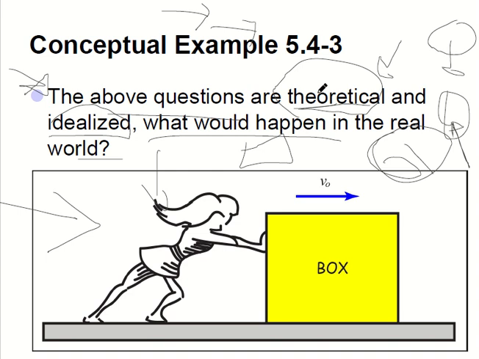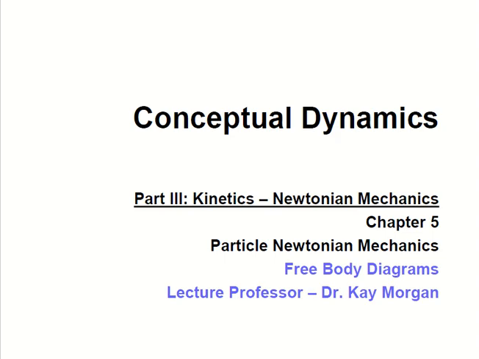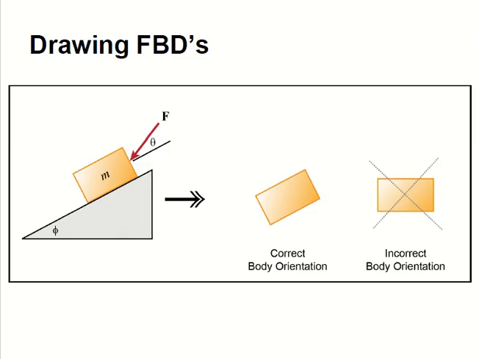In example 5.4-3, of course we don't really go into the situation, because you understand that if you think about the real world, you will consider the external forces on it, instead of simplifying it as in the book. Then we will get into the free body diagram, how to represent the different components of the force.